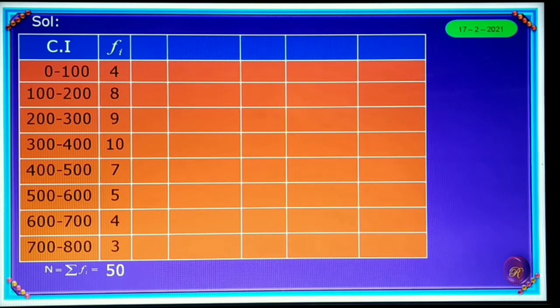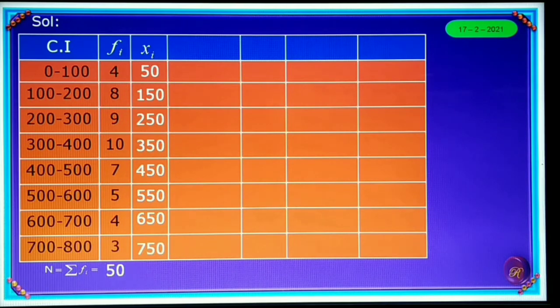Next column is for mid values of each class interval, that is xi: 50, 150, 250, 350, 450, 550, 650, 750. Let us assume mean as 350.